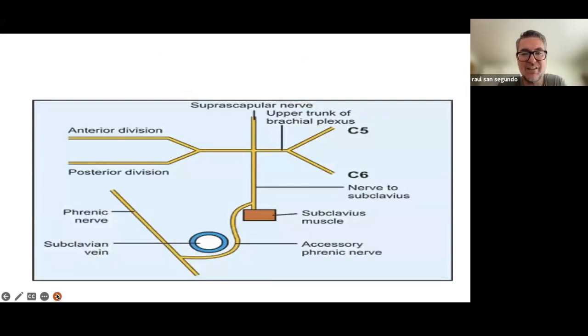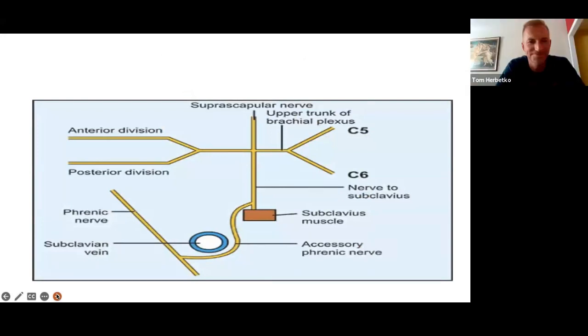Okay, you've got it here. Here's the connection. Yeah, as we see, the accessory phrenic nerve in most cases has its origin in a nerve that forms a subclavius nerve, which just goes to this little muscle. And as you see from there, it actually goes around the subclavian vein.